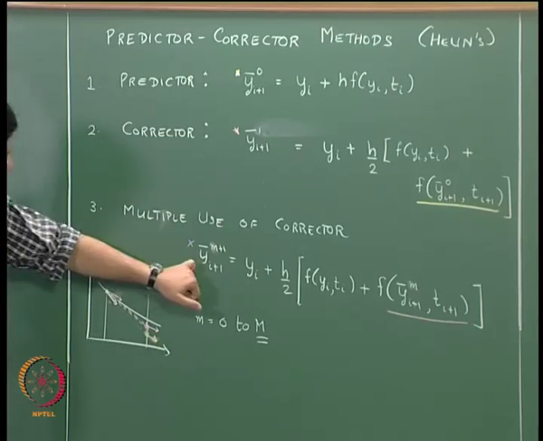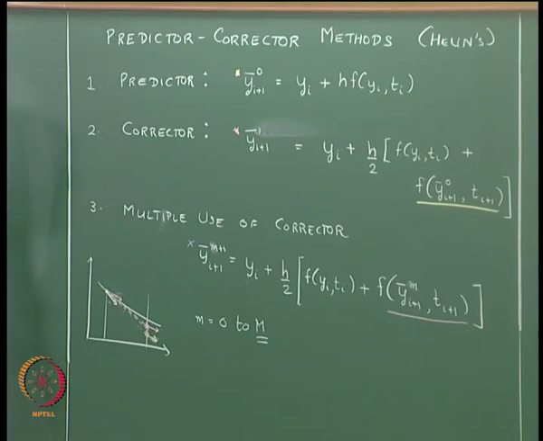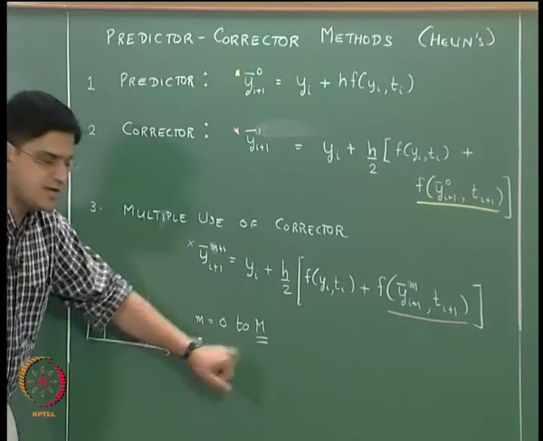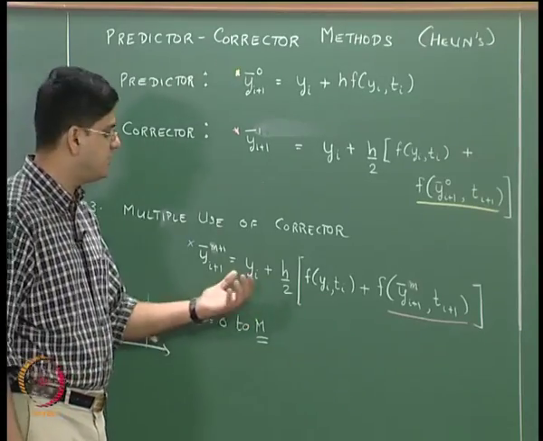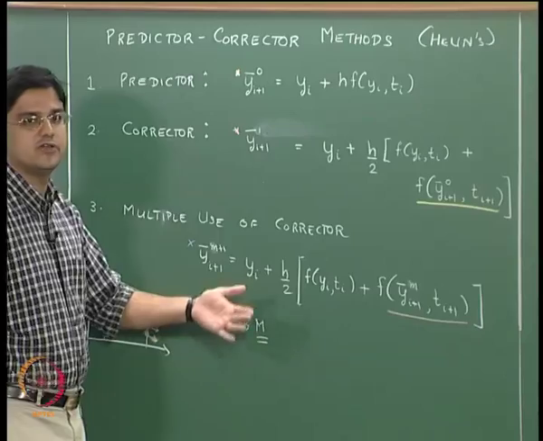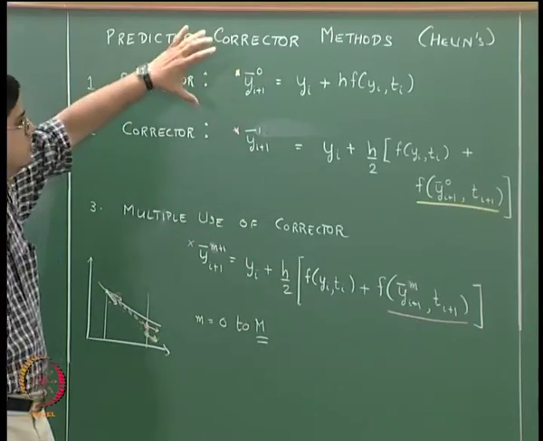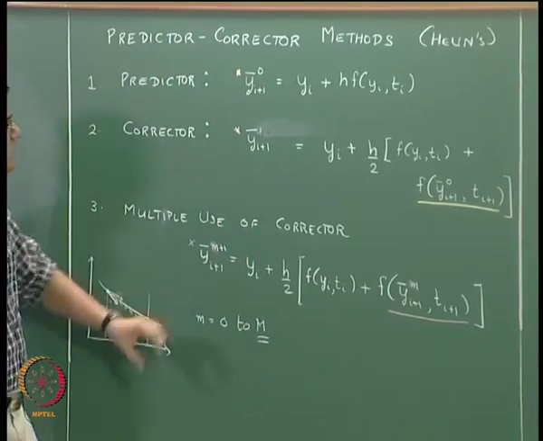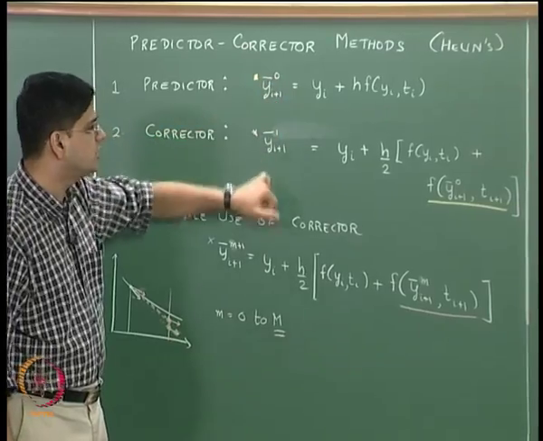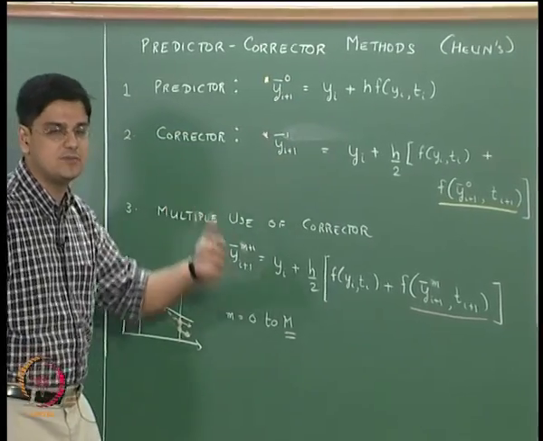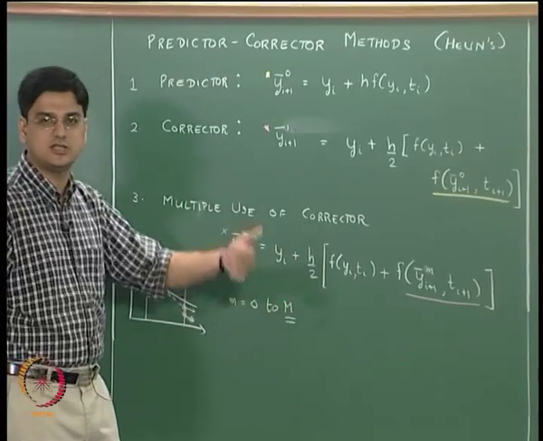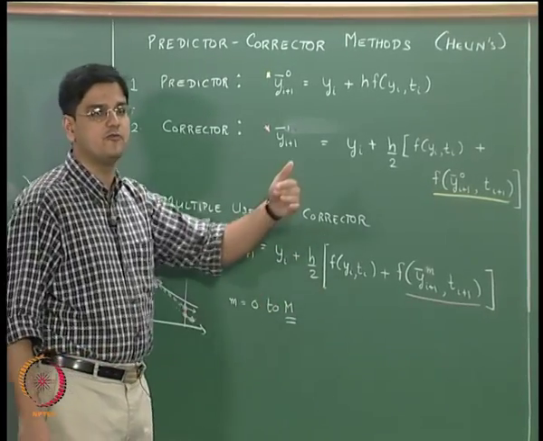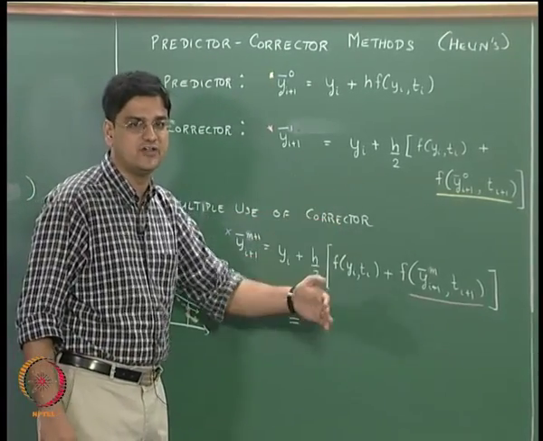So we use this predictor and the corrector equation a capital M number of times. We pre-decide what this M is going to be. So let us say that we are going to use the corrector equation 5 times. So we will use the predictor equation once, we will use y0 in order to compute y bar 1, y bar 1 we will use to compute y bar 2, y bar 2 to y bar 3, y bar 3 to y bar 4, and y bar 4 to compute y bar 5, okay.